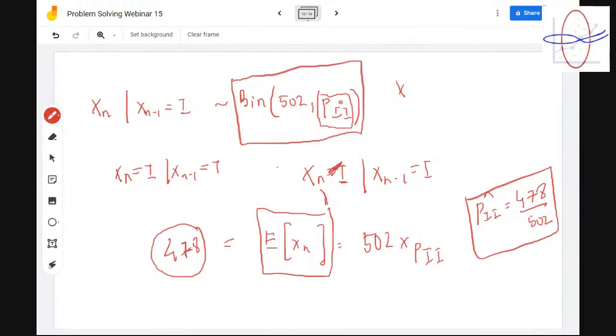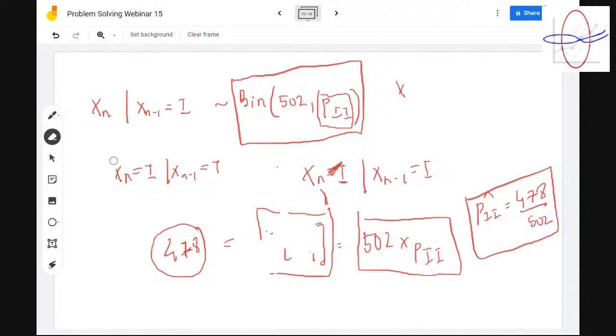If this is binomial, the expected number of infected, the successes, is 502 NP, and this we approximate by the expected number of infected. So it will be the expected number infected given that it was infected? Yes, I have not written that. It is actually wrong. You're right, it's given that it is infected. Thank you.